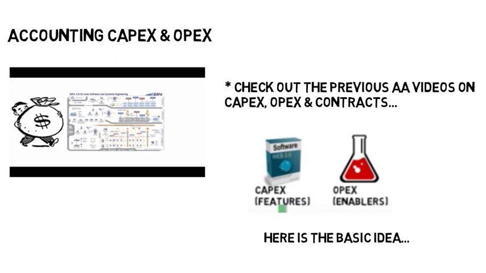So that's the basic idea. Check out the other video if you want to get some more details around how Capex and OPEX work in an Agile context. I think it's a very important concept for us to be aware of for our conversations with business people in the finance and accounting function.